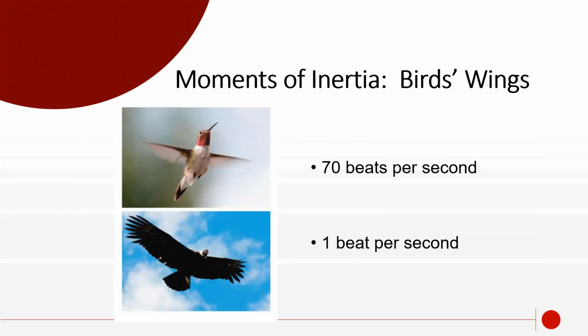In contrast, larger birds like a condor, eagle, or turkey vulture, with larger wings, have a large moment of inertia. Therefore, it moves its wings at a slower rate, and this particular bird averages 1 beat per second.